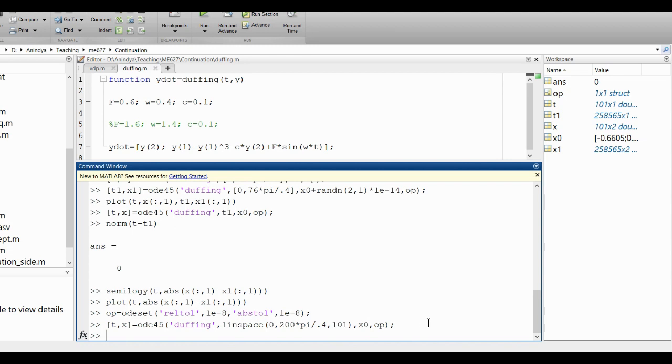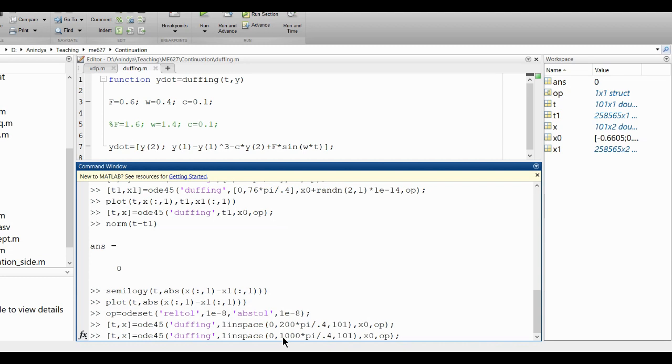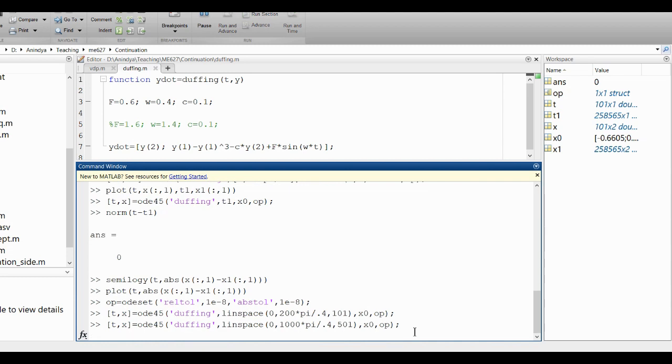That didn't take very long. So if that doesn't take that long, we can do maybe 1,000 points. So we'll get 500 and 1. It's taking a second, but it will be done.